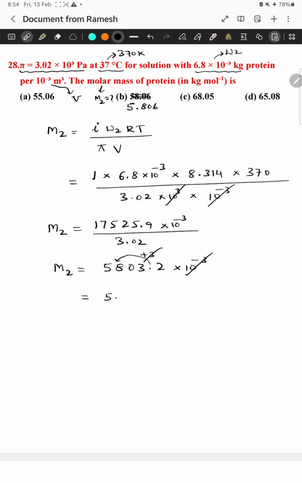So final answer will be 5.803. Since we have substituted all in SI units, that will be kg per mole. So option number B. So make correction in option B. They have given 58.06. So correct answer is 5.806. There is a typing mistake here. So therefore question number 28, option B is the correct answer.